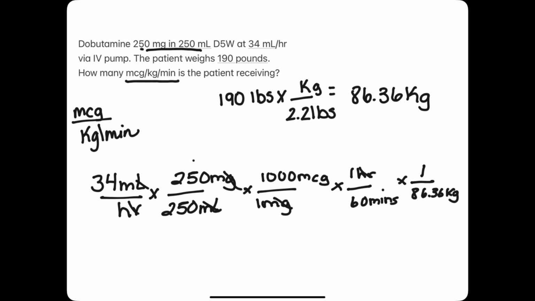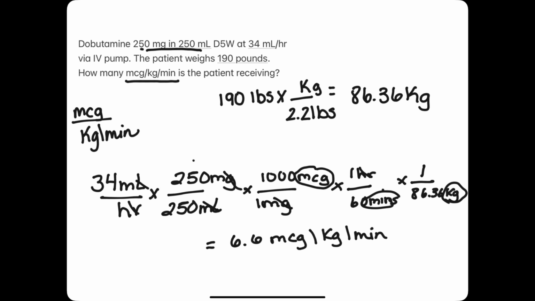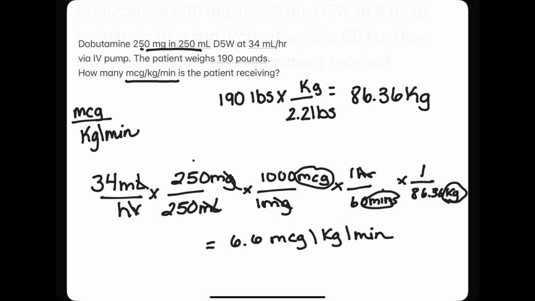So then kg will still be there. So we have kg, we have minutes, and we have mcg. So all we have to do is multiply straight across, and then we divide, and you should get 6.6 mcg per kg a minute. And we're going to keep this answer in the tenths place.